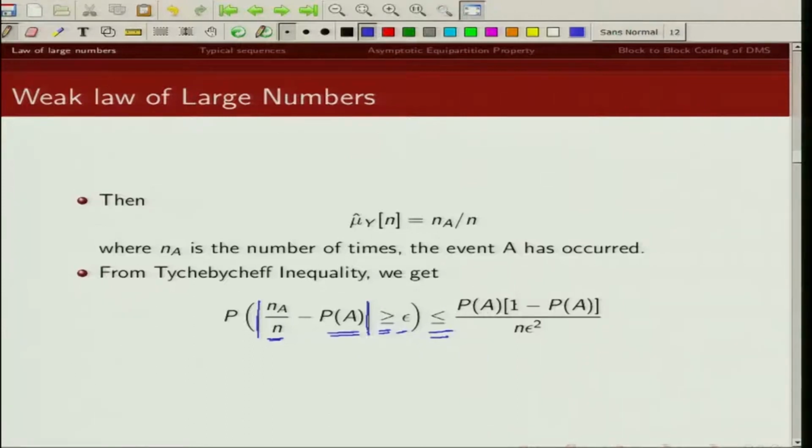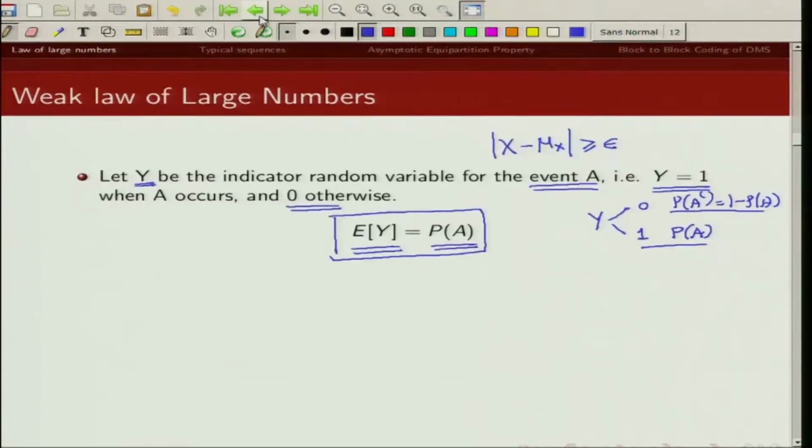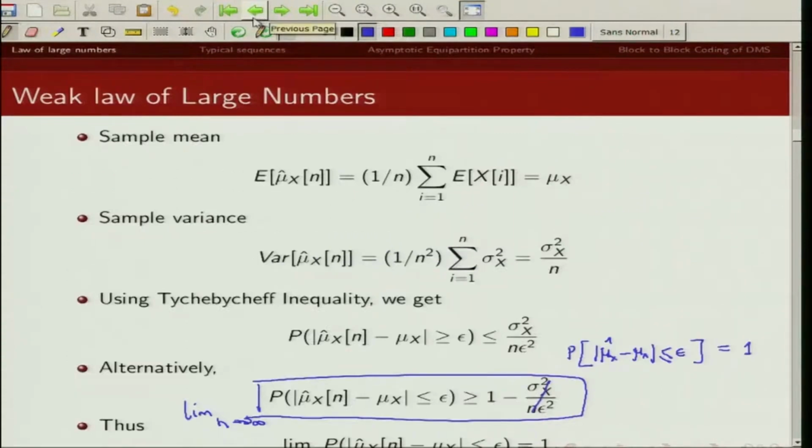This is basically sigma y square by n. Sigma y square is given by this quantity. So this whole thing is then upper bounded by probability of A multiplied by 1 minus probability of A, divided by n epsilon square. Here we have used this Chebyshev inequality form which we have derived earlier.